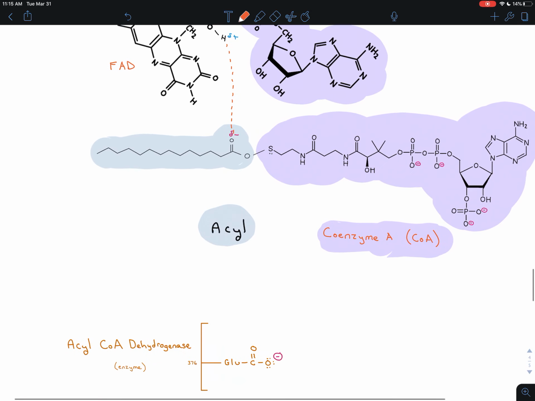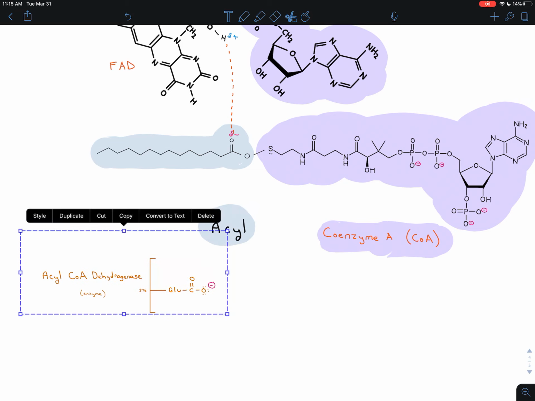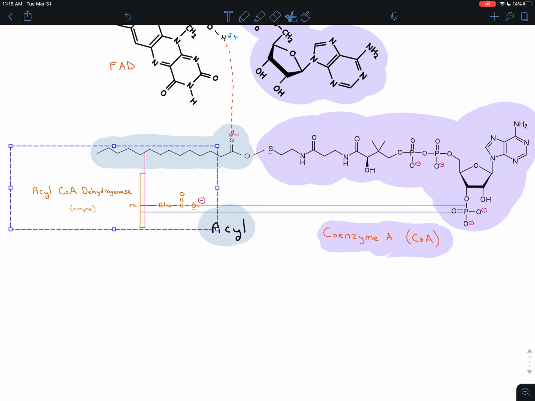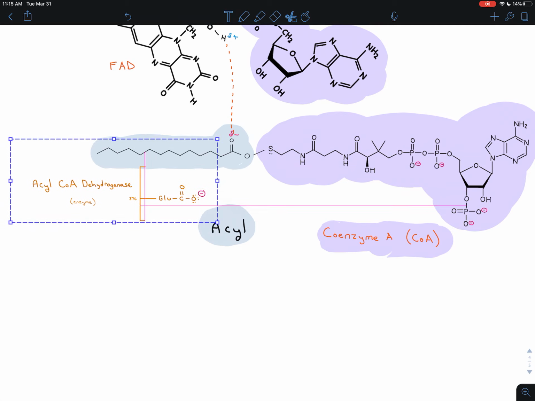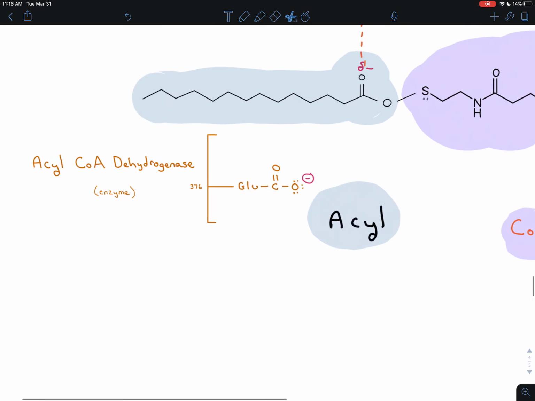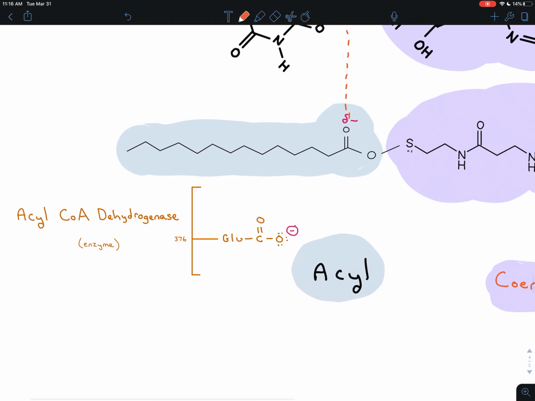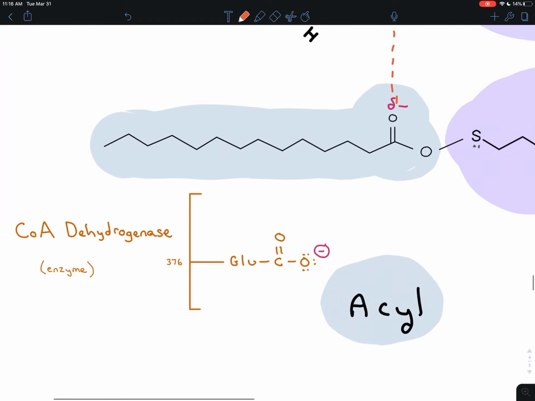Now, at the same time that that's happening, one of the amino acids in our enzyme, specifically the 376th amino acid, which is glutamate, so at position 376, we have this glutamate here, and that is going to take a hydrogen off of the alpha position of this fatty acid.